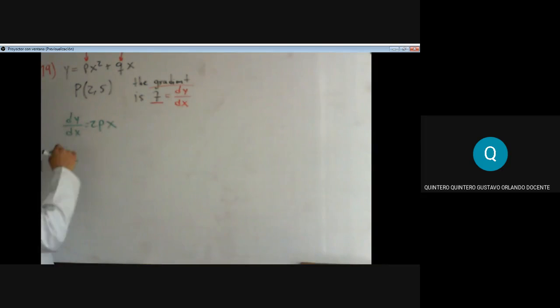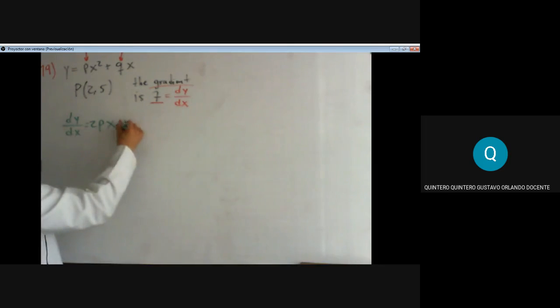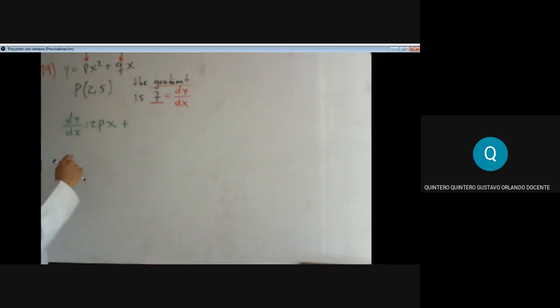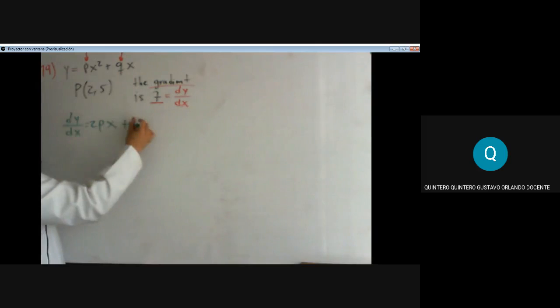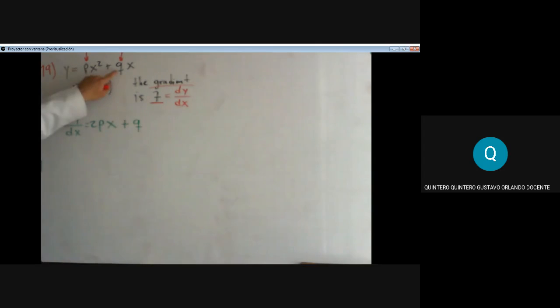So 2px plus the derivative of qx. Well, if this behaves as a number, the derivative will just be q. Because q times the exponent, so q times 1 will be q, and the new exponent will be 1 minus 1, so 0. So there is an x to the 0. Beautiful. Now we have our gradient function.